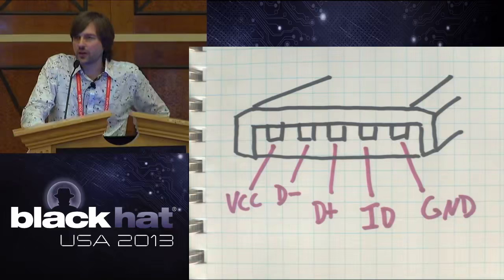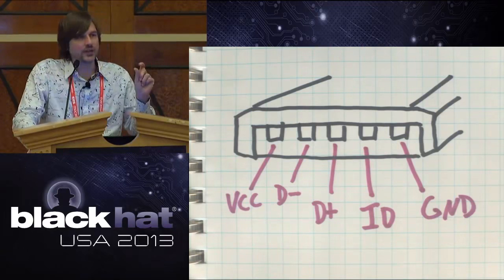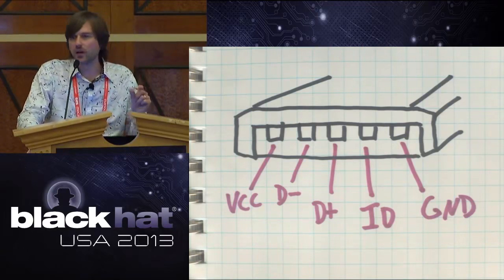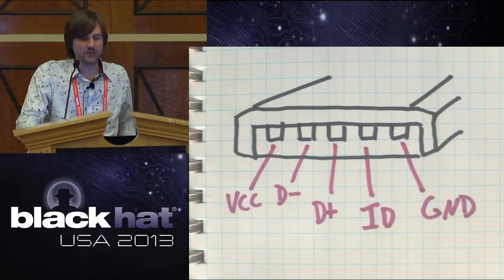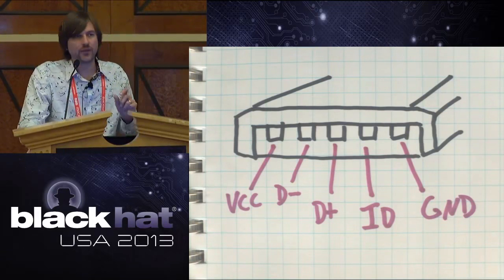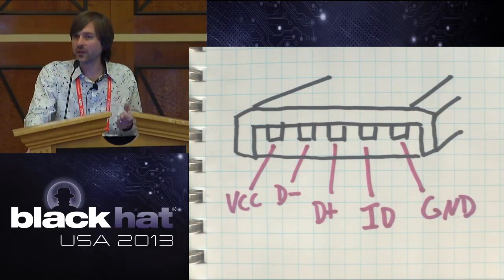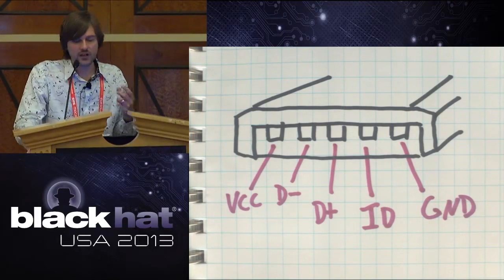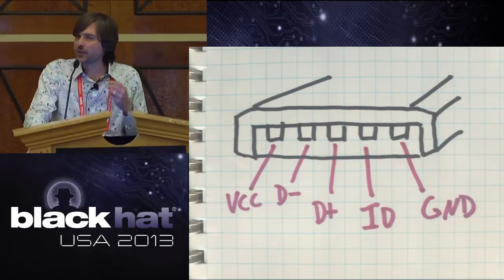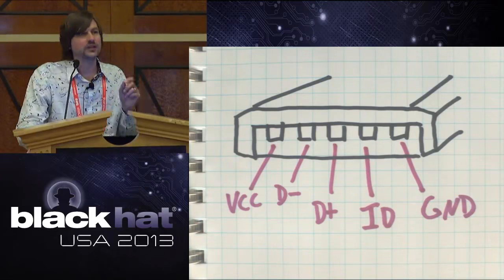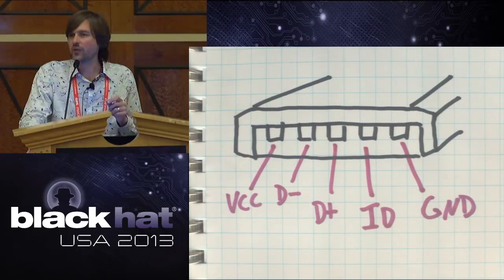A USB port, like the big A connectors that are on your desktops and laptops, has 4 pins. But the newer micro USB connectors and mini USB connectors have 5 pins. That 5th pin is the ID pin. And it's a pin whose purpose was originally intended for USB On-The-Go.